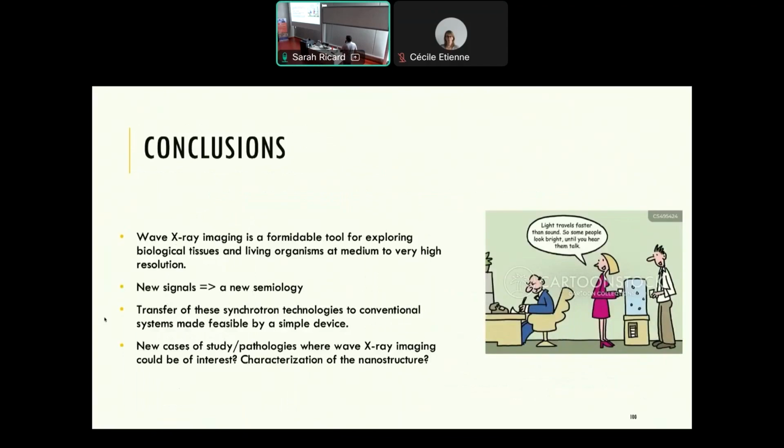Time for questions. Well, we have seen that wave X-ray imaging is a formidable tool for exploring biological tissue from medium to high resolution without any problem. The thing is that we are dealing with very new signals, and we need to define the semiology, what is typical from the contrast that we have.